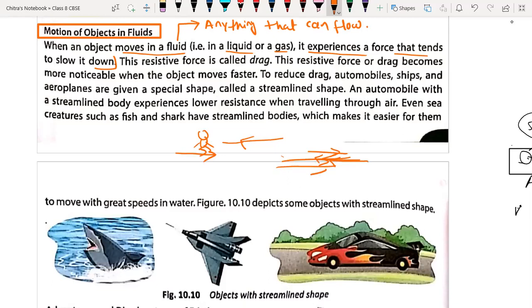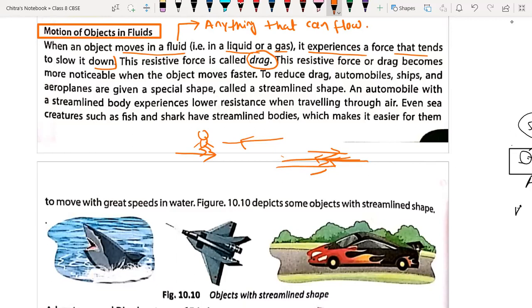So it slows down your speed. This resistive force is called drag. Very important. That resistive force which reduces your speed is called the drag.